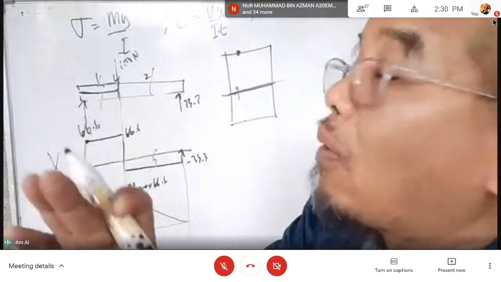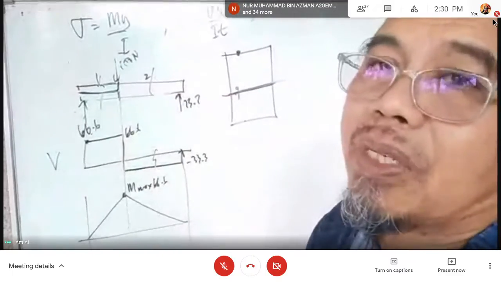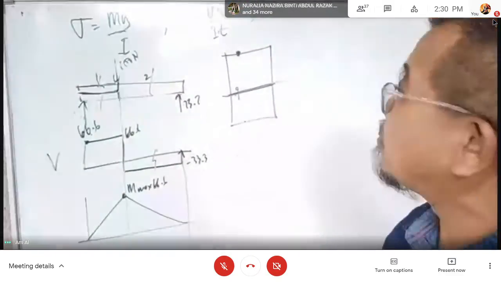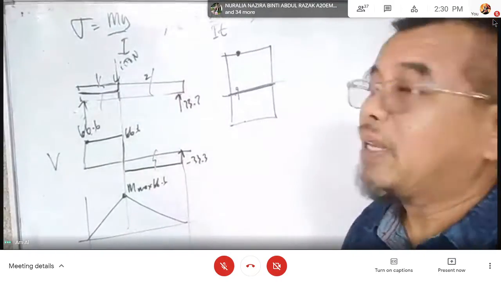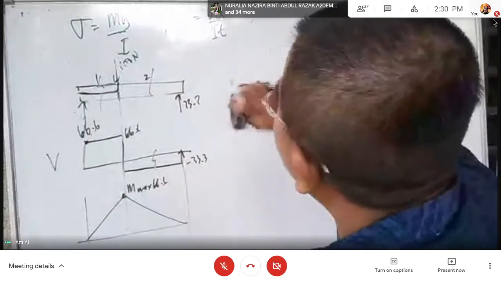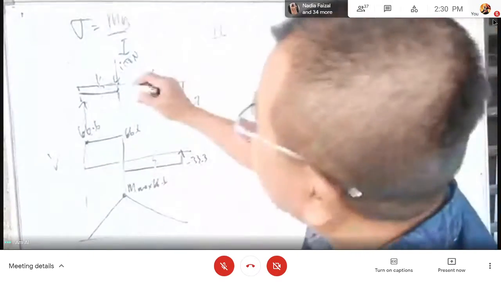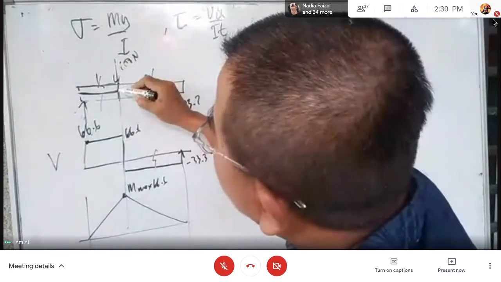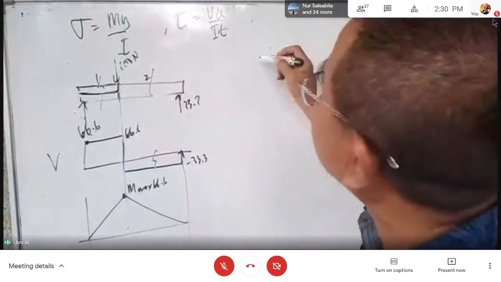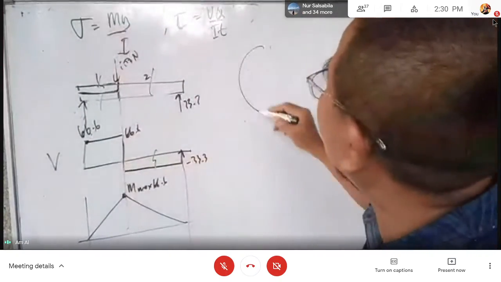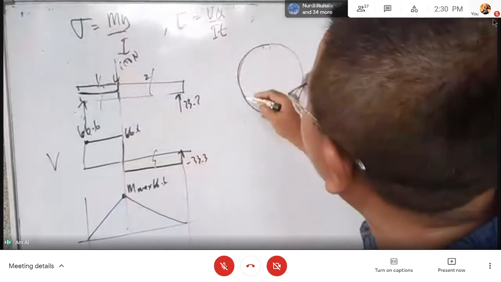So now I want to look at the value. Let's say this cross section is circular. Circular cross section there.